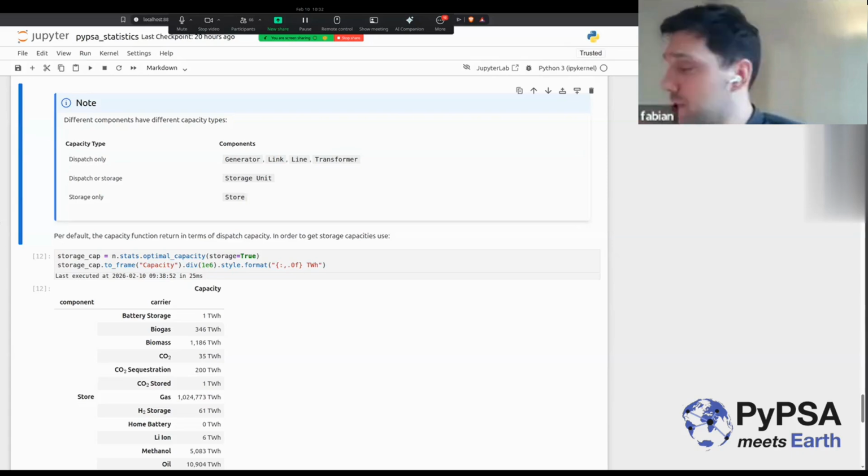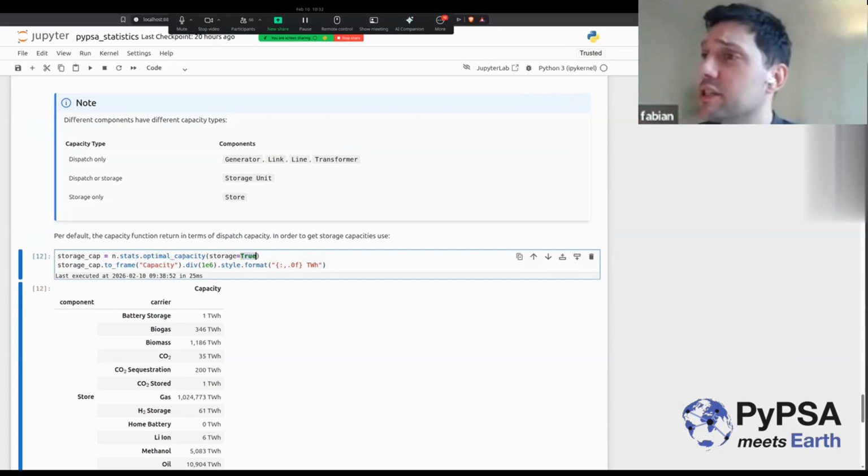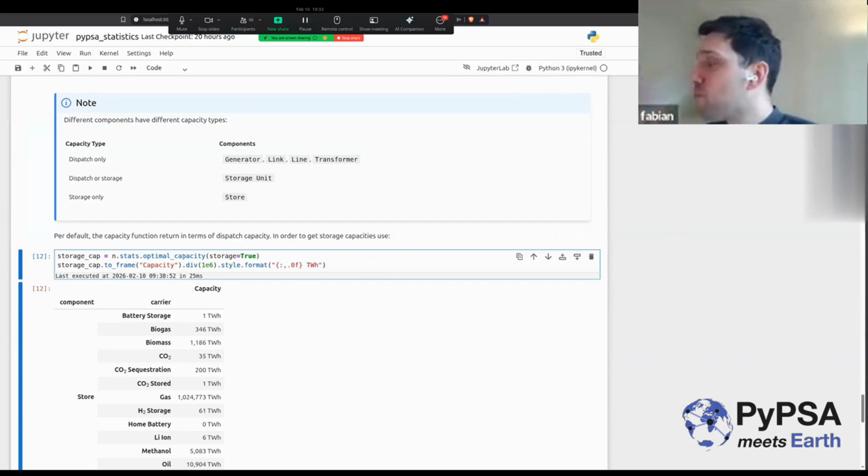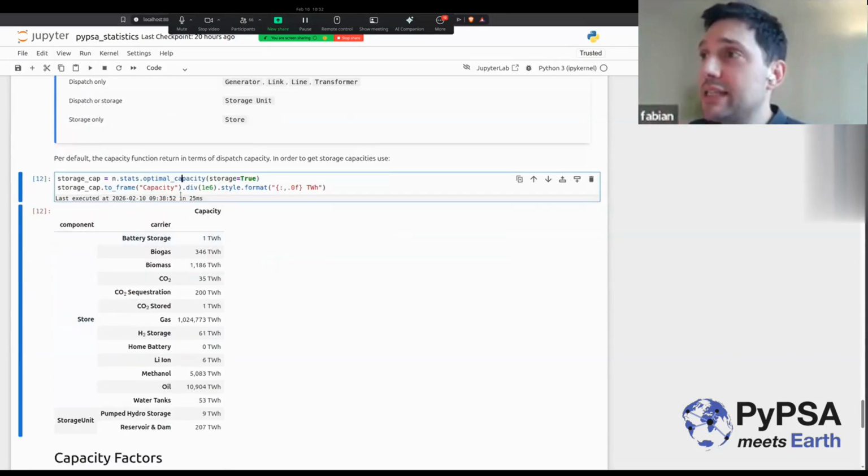We talked about this storage argument here. You can set that to true for all the capacity functions. So this also works for installed capacity and other capacity-related functions. I think not for the cost ones, only for capacity, where that makes sense. If you run it, you see different numbers coming out.